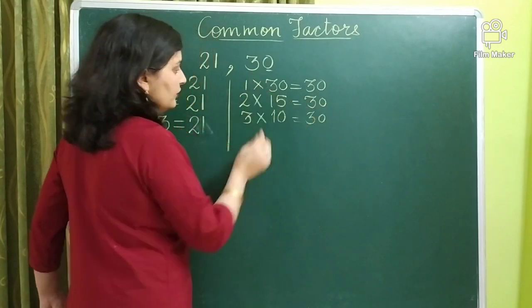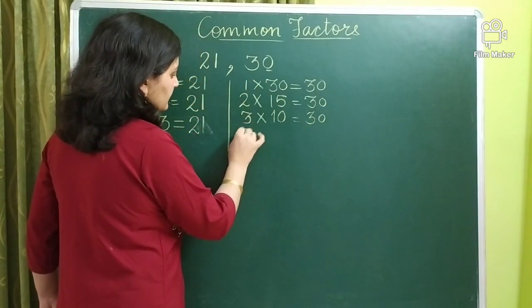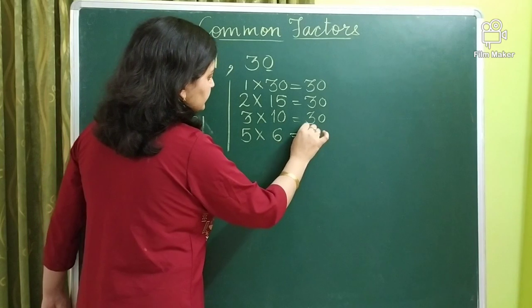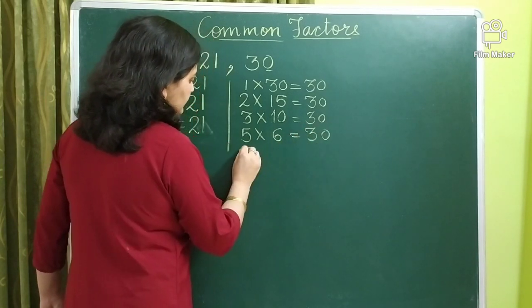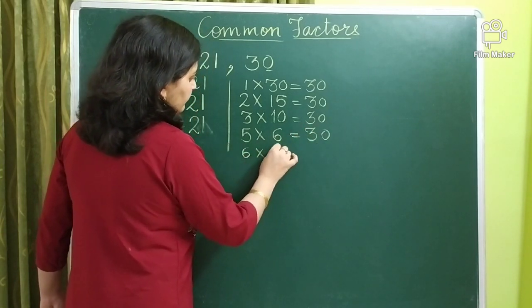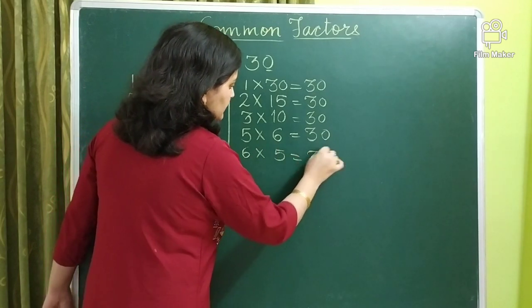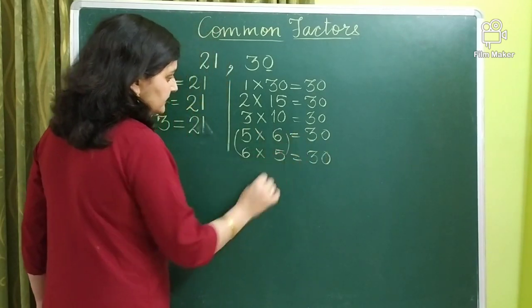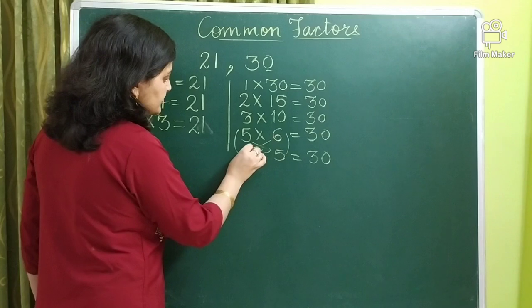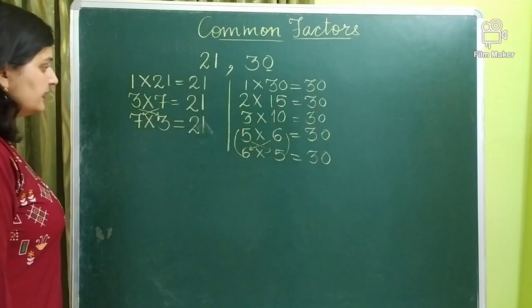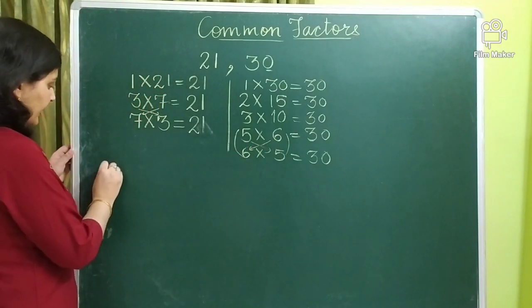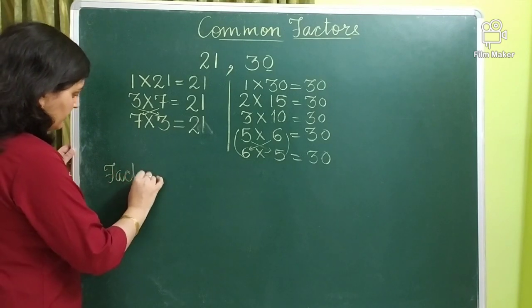Then check it for 4. Then 5. 5 sixes are 30, and next 6 fives are 30. Here we have obtained the interchanging numbers.